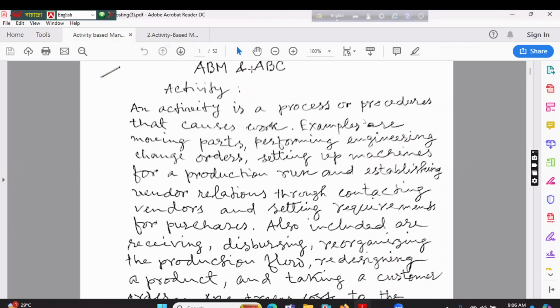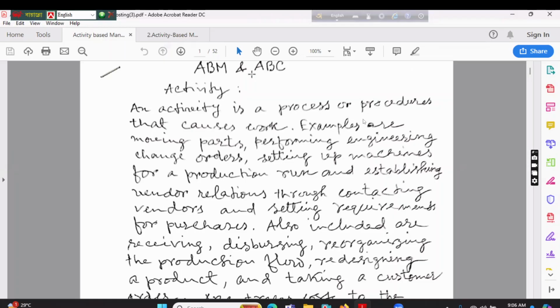We have studied activity-based costing in 7th semester in management accounting. I'll also discuss this topic.